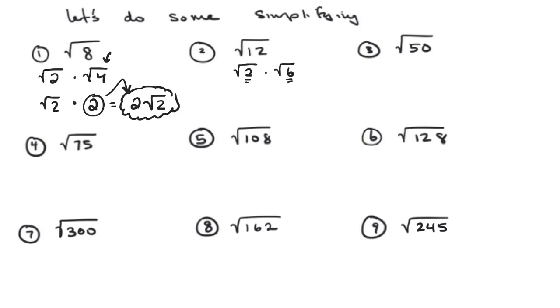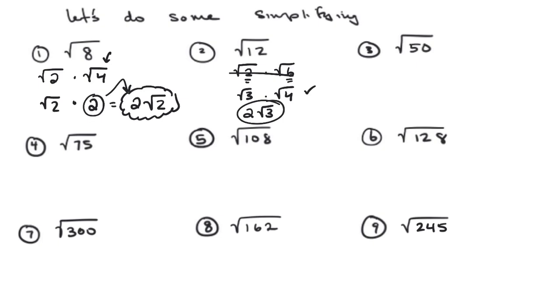I also had the square root of 3 times the square root of 4. This one was no good because it left me with no perfect squares, but this one I now like. The reason I like it is because it has the square root of 4 in there, and the square root of 4 is 2. So my final answer here will be 2 square root of 3.